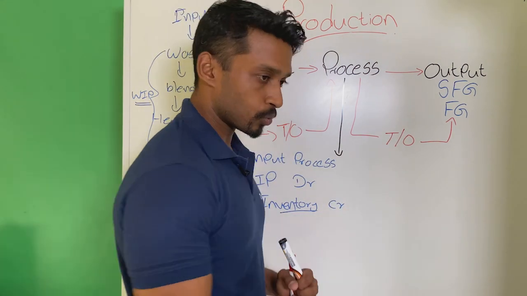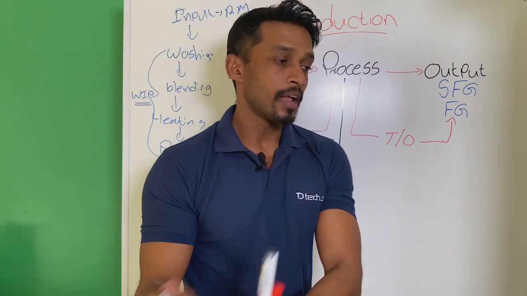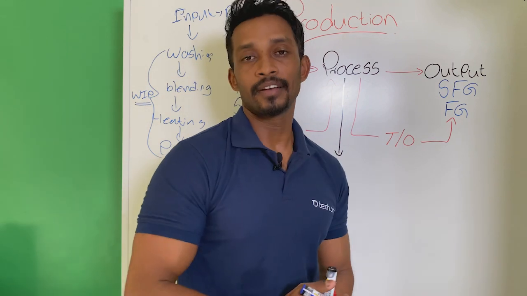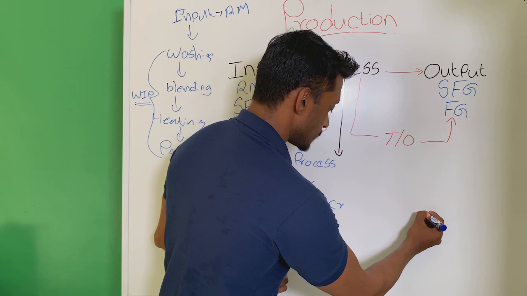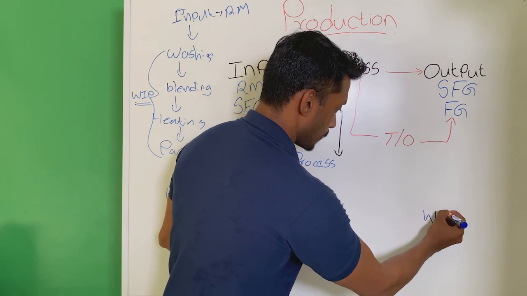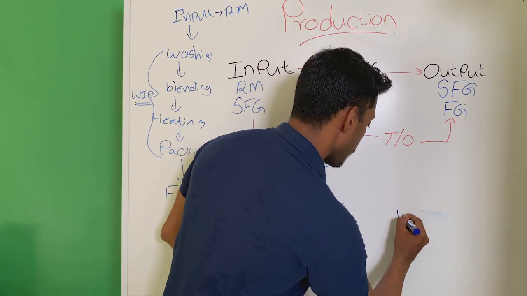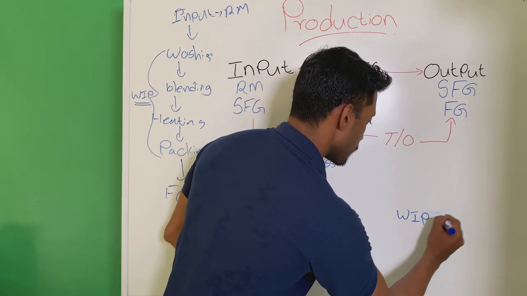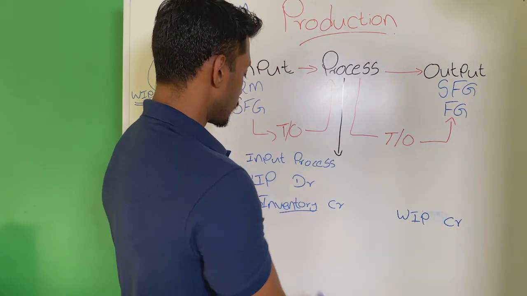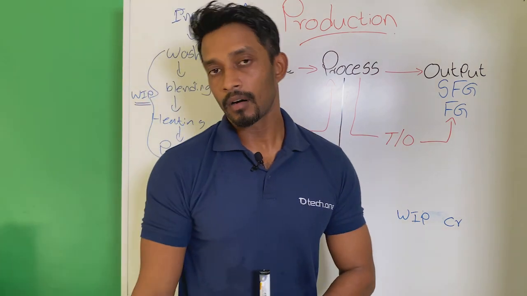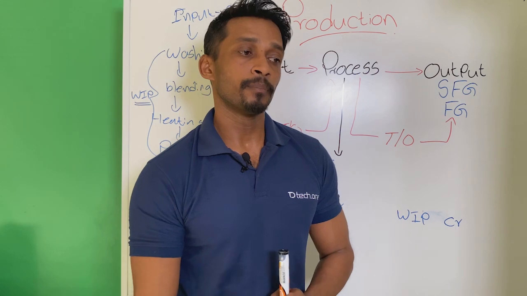So what do we have to do? What's happened? Now you have another stock, finished good stock. Now what will the double entries be? You will have to credit the WIP account. What's the reason? Work in progress items are also an asset for the company.